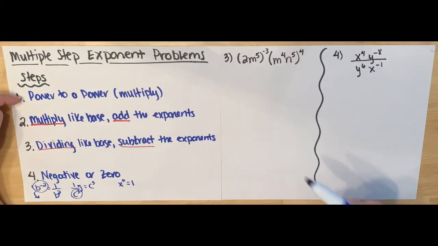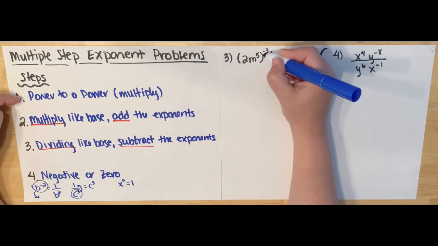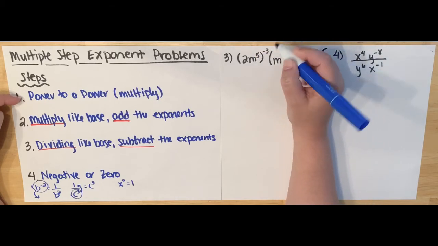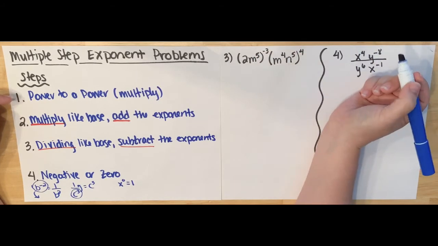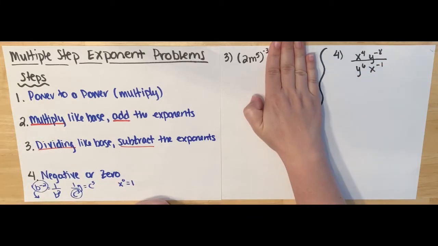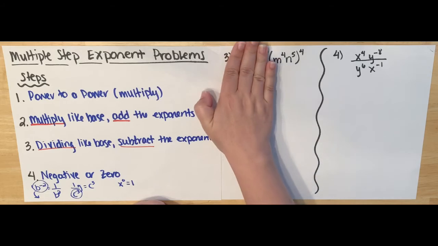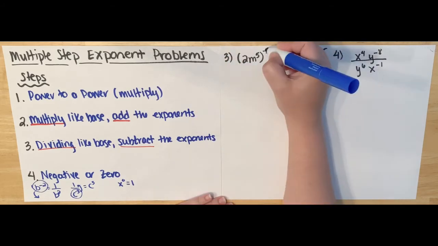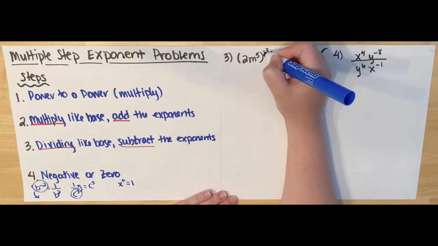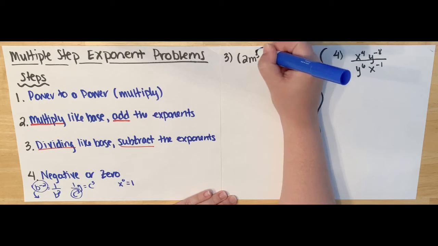Power to a power. I definitely have an exponent outside this parenthesis. So when I have multiple parentheses, by the way, I kind of try to think of them as one problem apiece. So I deal with this one first, and then I move on to this one. I definitely have an exponent outside, and it is applying to all things inside.